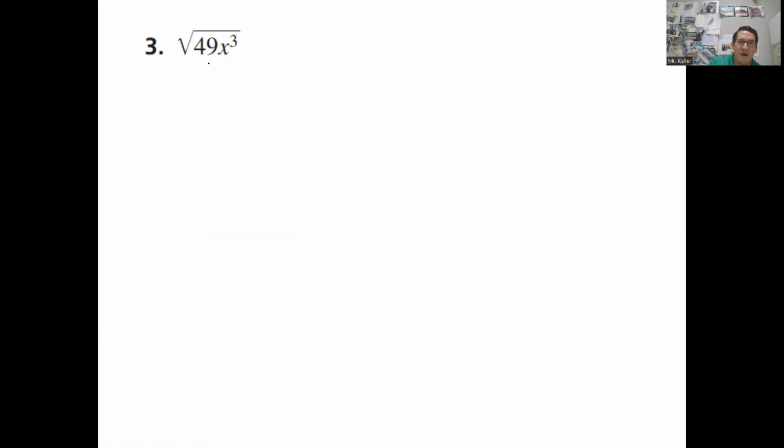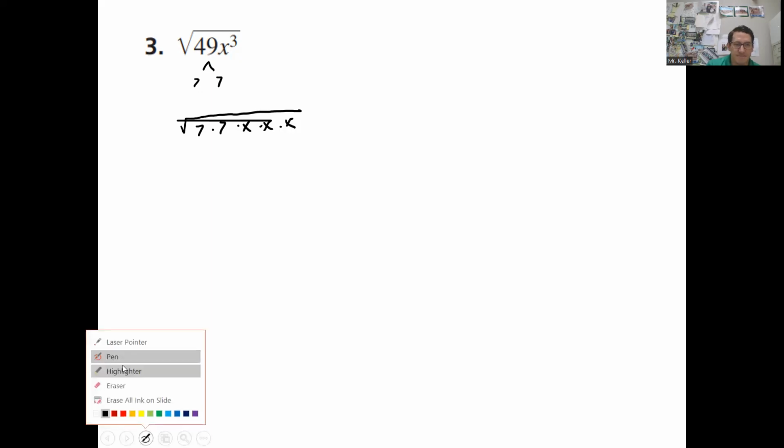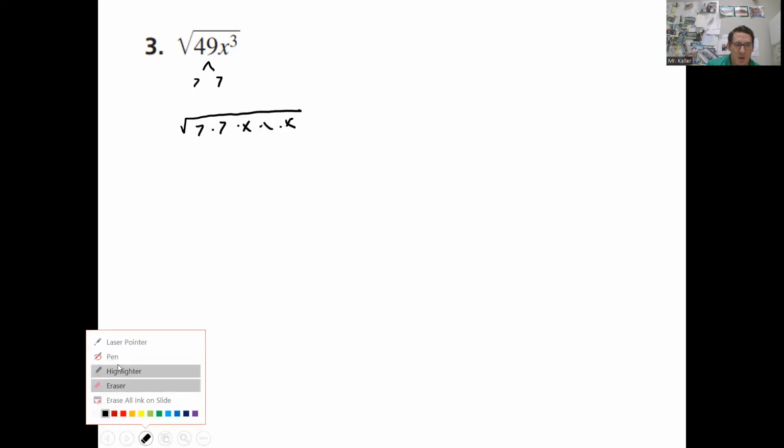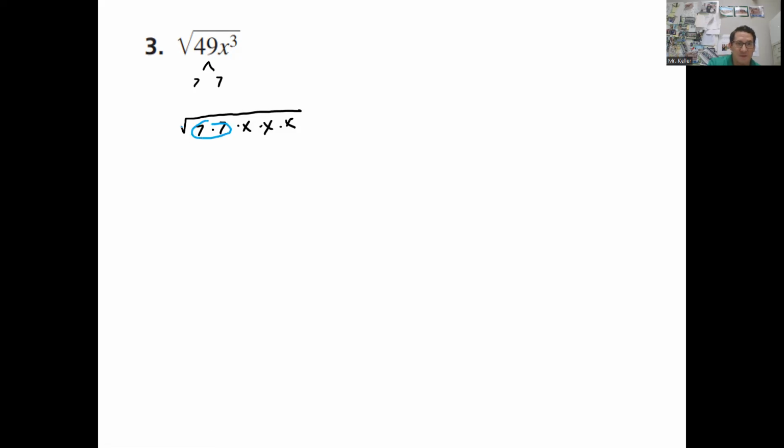49 is 7 times 7. Those don't factor down anymore. So it's going to be 7 times 7. I'm going to expand the x's. Now I'm going to look for buddies. I have a pair of 7s. So for every pair, one goes on the outside.